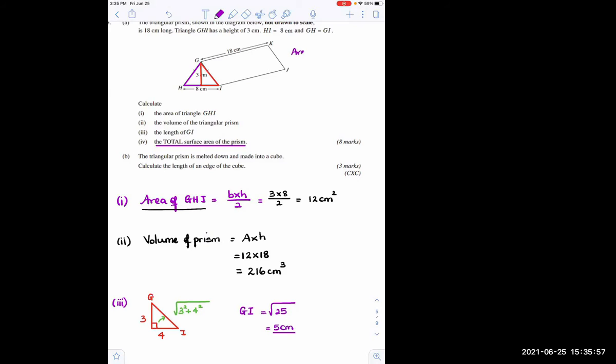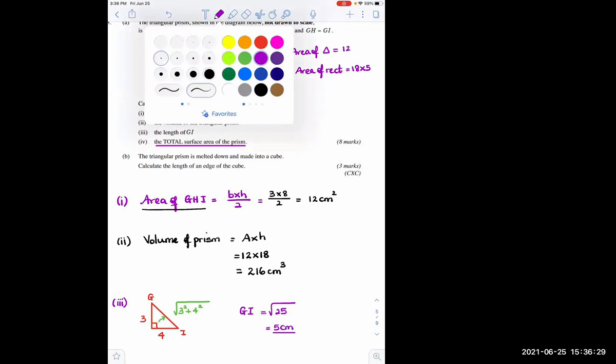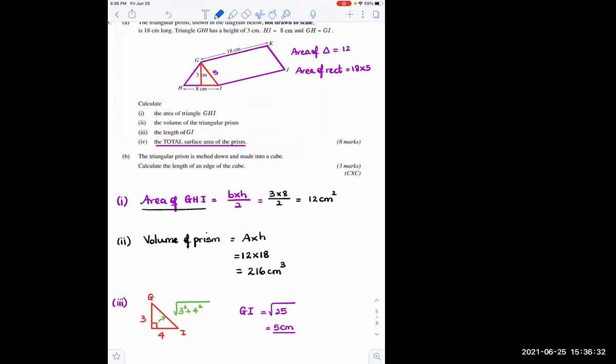So for the total surface area, the area of the triangle, we worked out already, was 12. Then we have here 5 by 18. We have two sides that are identical rectangles, so that is 18 by 5. Then we have the bottom surface.